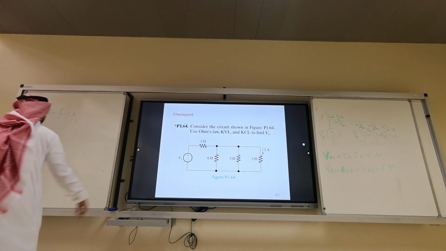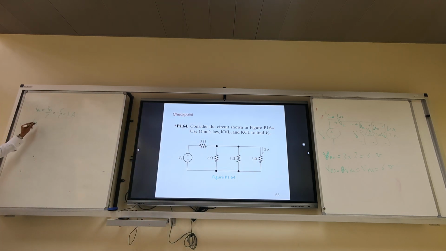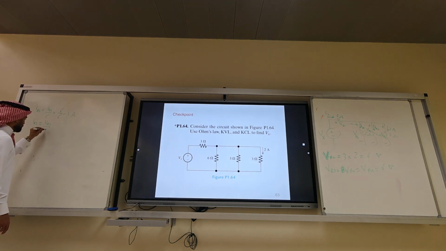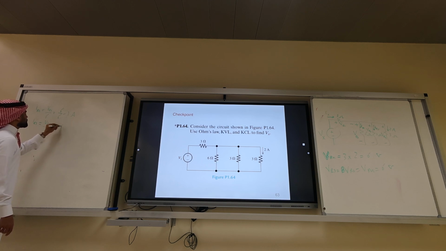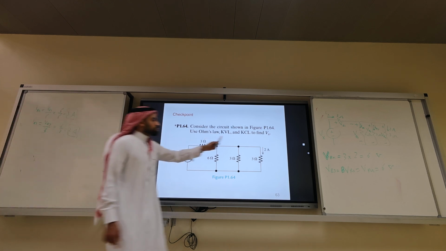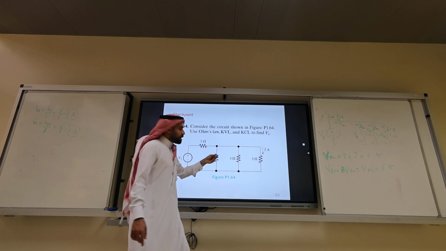So what is IR2? 1 amp. IR3 is VR3 divided by 3, which is 6 over 3, which is 2 amps. So this is 2 amps, this is 1 amp, so this is 2, 2, 1.